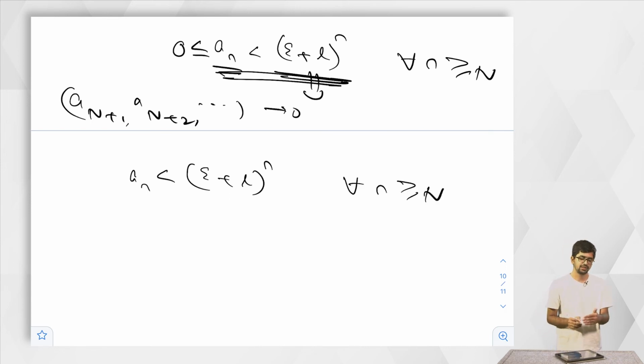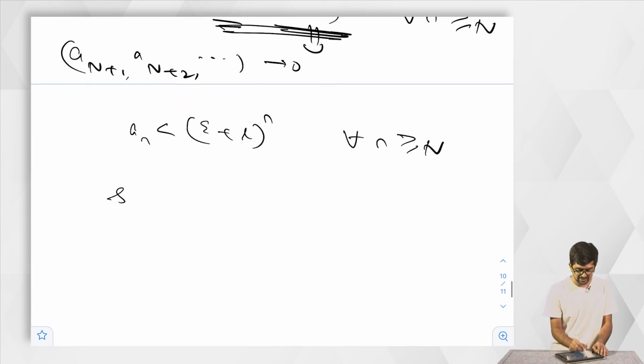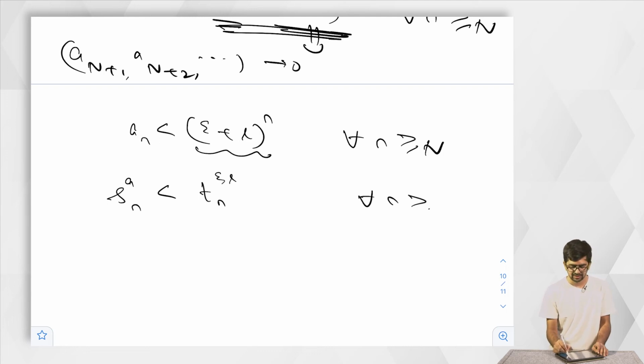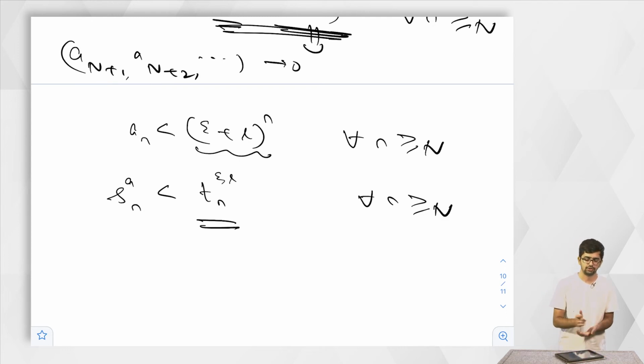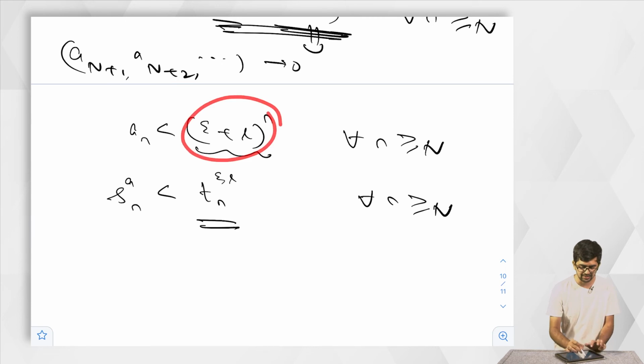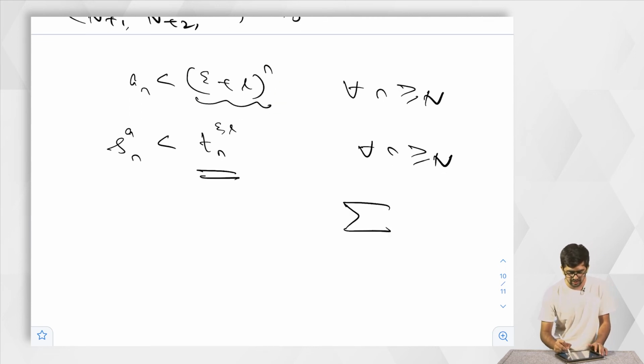If I take the corresponding sequence of partial sums, that also we have the same thing: s_n less than, I do not know what to call this, let me call this T_n(epsilon, L), something like that, for every n greater than or equal to N. This is the sequence of partial sums associated to this series, the summation of (epsilon plus L) power n.